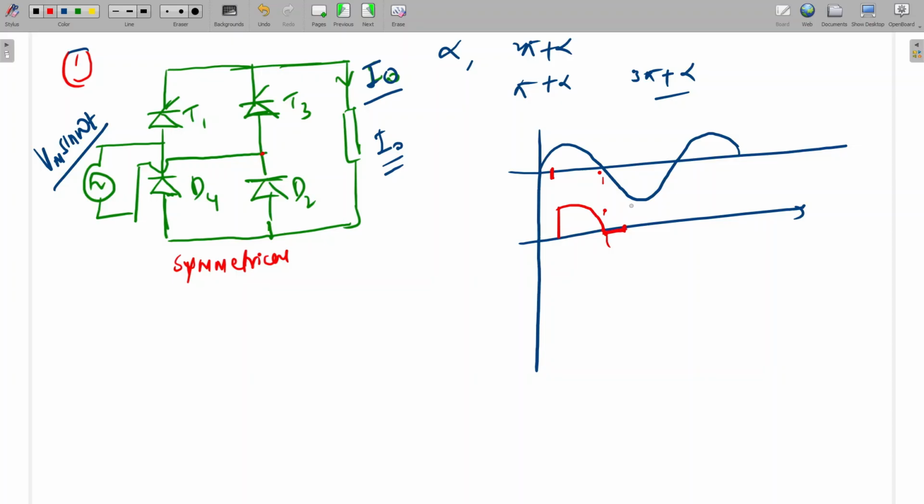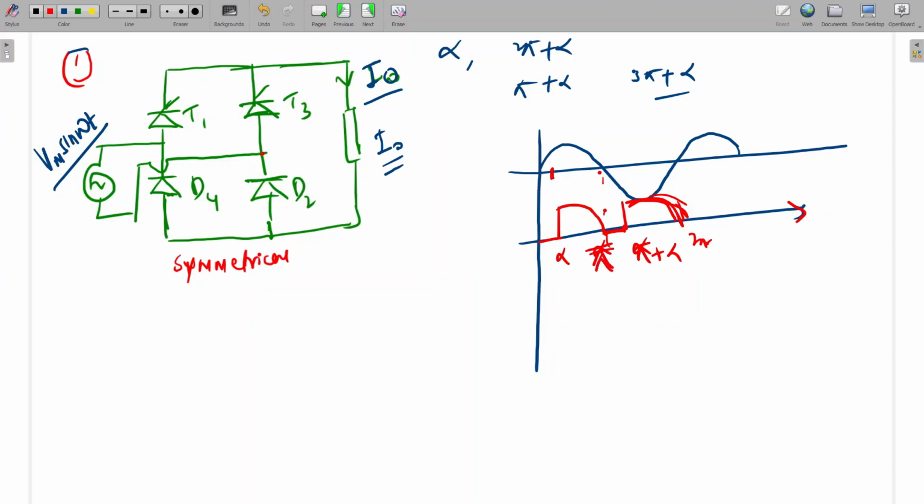Again here T3 and D4 will conduct, so the waveform will be like this. This is alpha, this is pi, this is pi plus alpha, this is alpha, and this is 2 pi. So this is the output voltage.